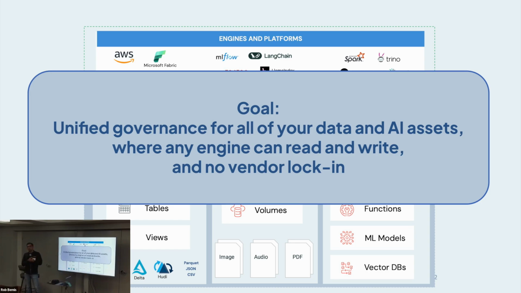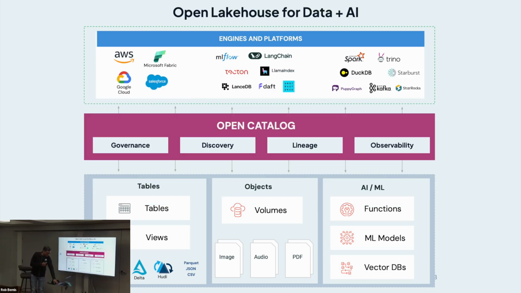They would also want it to be open without lock-in, making sure that every engine out there can read and write from it. Right, so that's what customers are looking for.